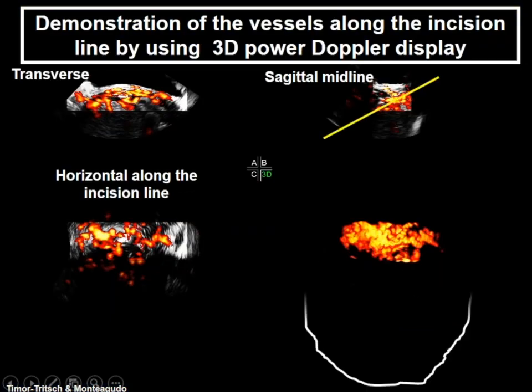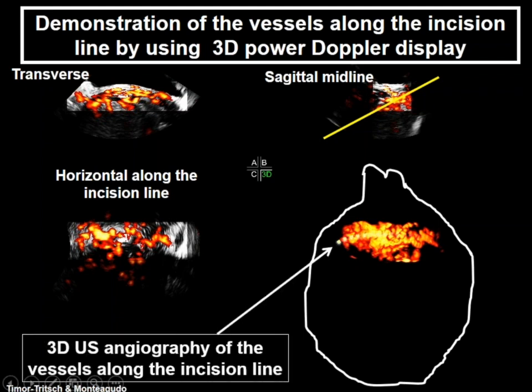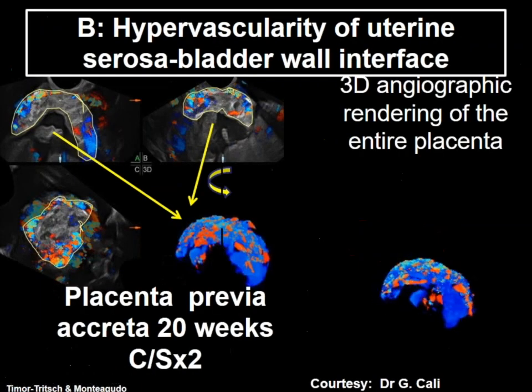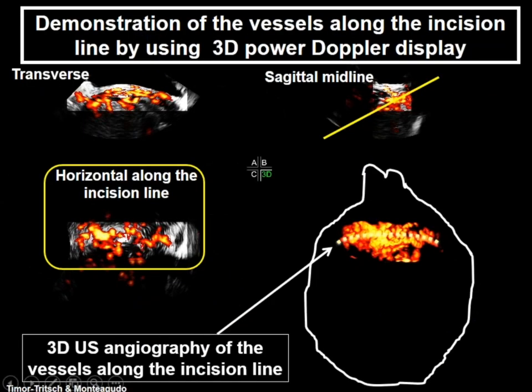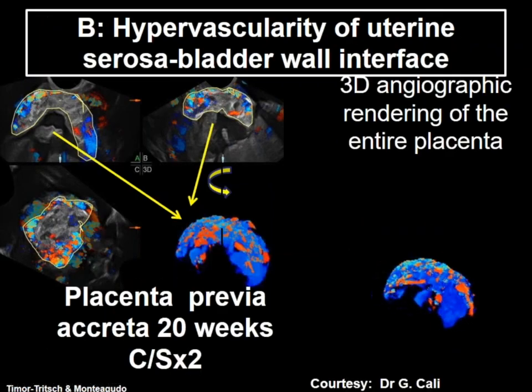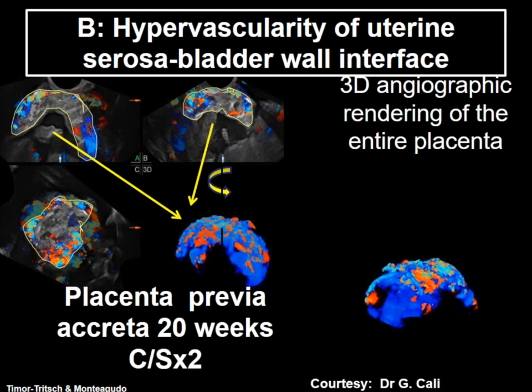Don't always look in the midline, because the 3D ultrasound angiography shows the vessels along the incision line, and that is where you see their appearance most accentuated. The hypervascularity of the uterine serosa-bladder wall interface is also shown beautifully by this 3D angiographic rendering of the entire placenta.